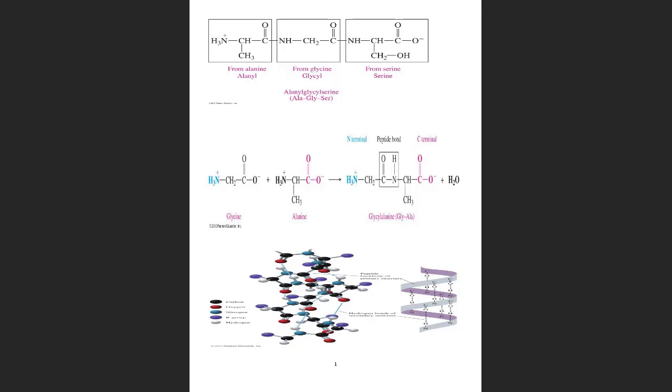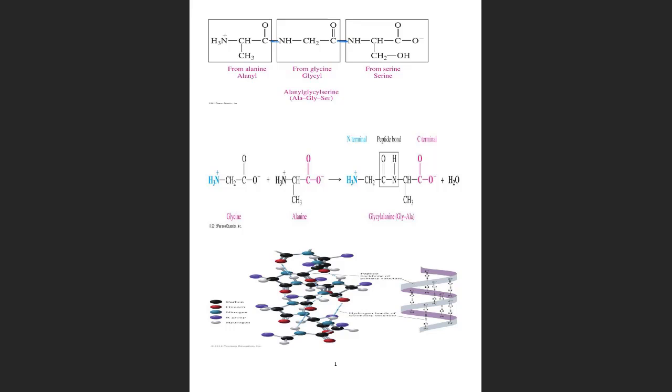How do we name a peptide? Very easy. Always look for the peptide bond, right? We said it goes from the carbon that holds the carbonyl group to the nitrogen of the ammonium group.